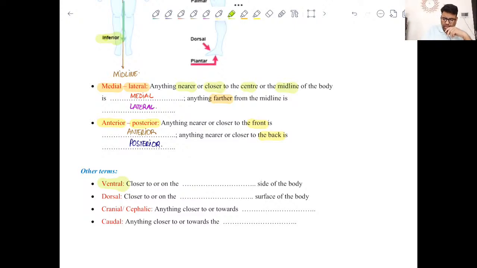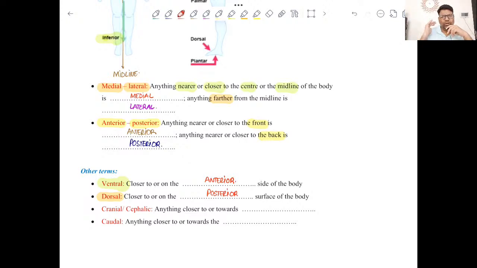So again you need to write the word anterior here. So closer to or on the anterior aspect of the body, that is ventral, and vice versa, dorsal. Dorsal means backside. So closer to or on the posterior surface of the body, right?